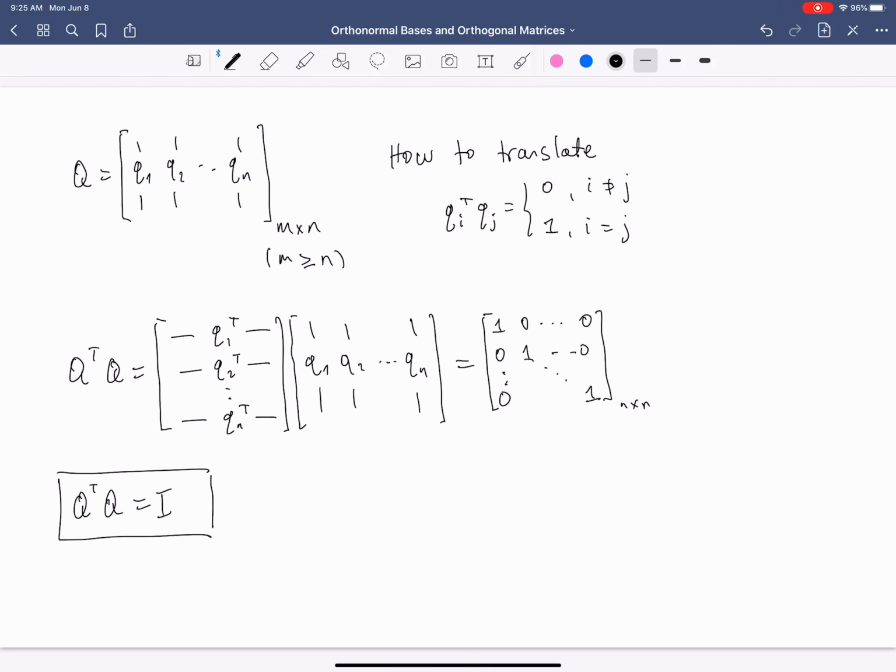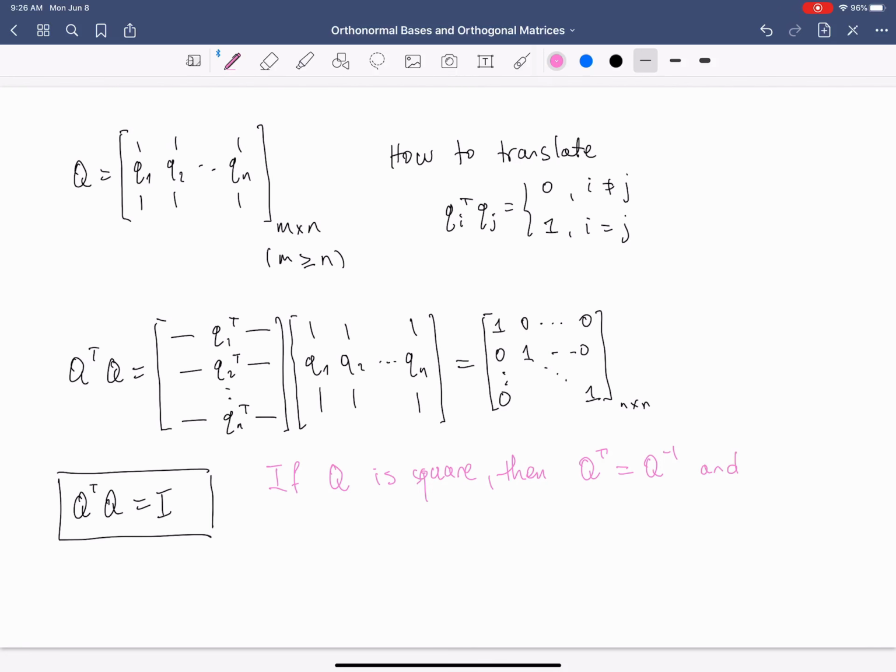We want to sort of jump in and say, so Q transpose must be the inverse. Well, remember that rectangular matrices don't have inverses. But if the matrix Q is square, and this is important, if Q is square, then Q transpose equals Q inverse.